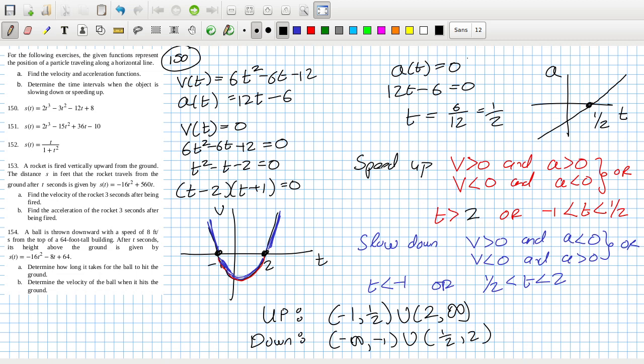I think these sets should be open, but you could make the case that they could be closed as well, because if a car's at rest and it accelerates, it's speeding up.